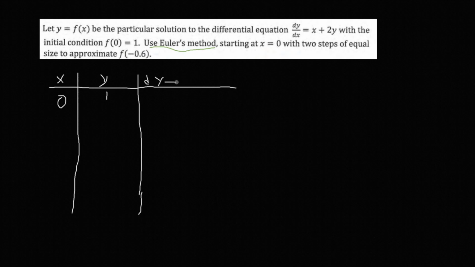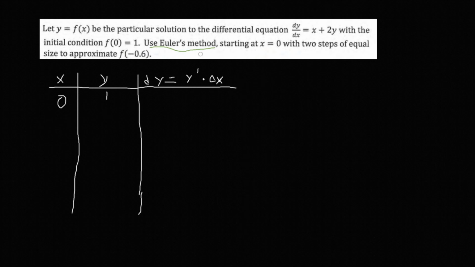So now dy is just our dy dx, I'll just write y prime, plus, sorry, not plus, times our delta x. And then maybe even another column just to add our previous y.